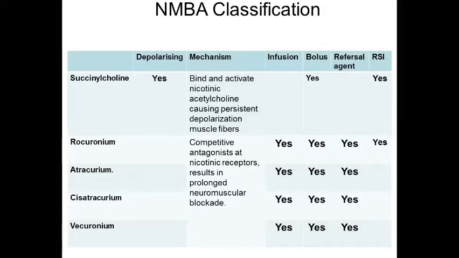And among the non-depolarizing neuromuscular blocking agents that we can use in rapid sequence intubation, only rocuronium. It has very good evidence, actually, to beat very well succinylcholine in rapid sequence intubation.